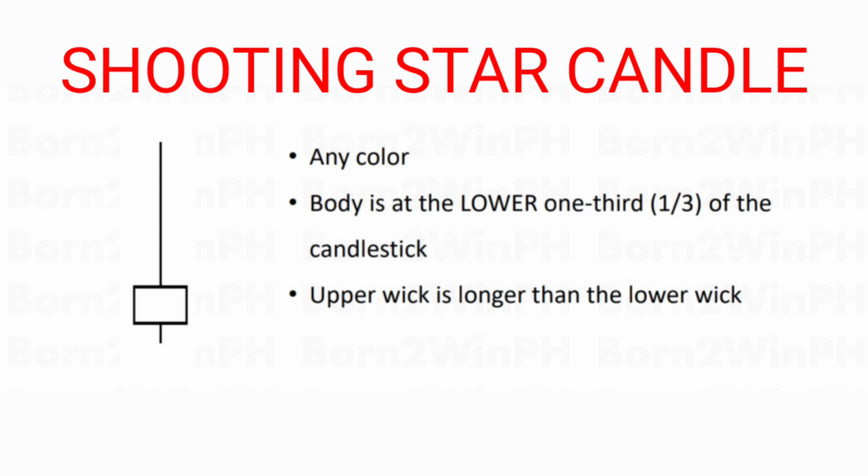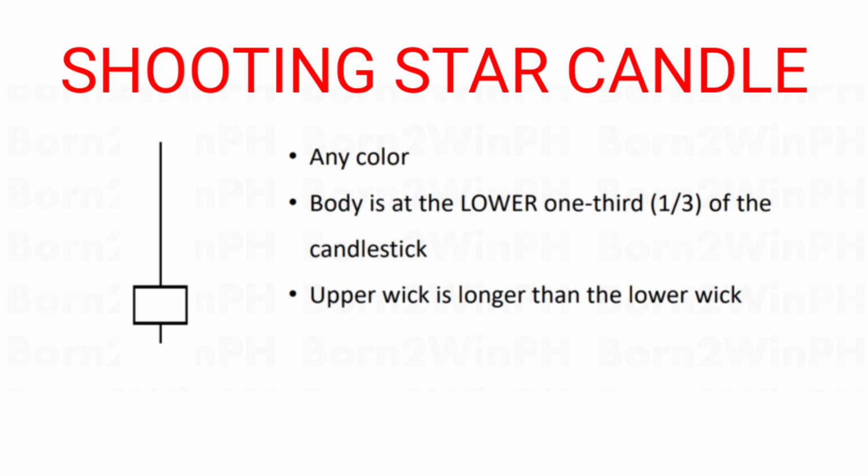But the body size is similar, which is 1/3 of the candlestick. Now, same as the doji candle, there is also a little bit of similarity, so you must familiarize yourself with the size of the body of the shooting star.